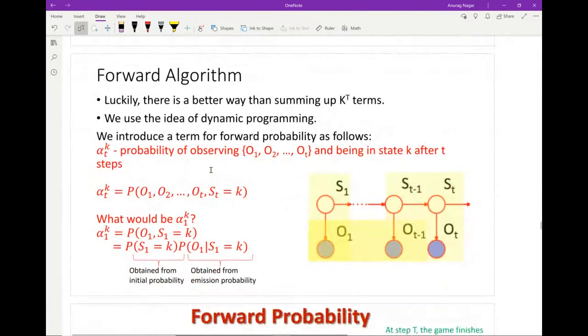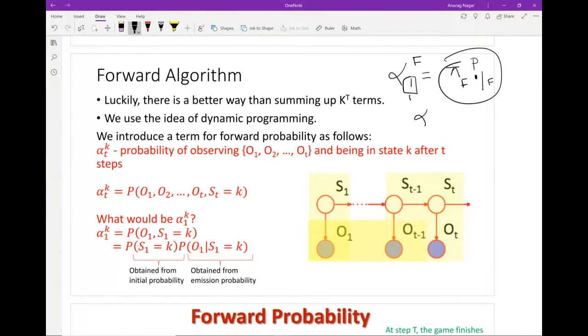So what is alpha 1 fair state? Well, you can easily figure that out because this means starting in the fair state and probability of outputting something, which is this, you know what it is, probability of outputting this given a fair state. That is what this means.